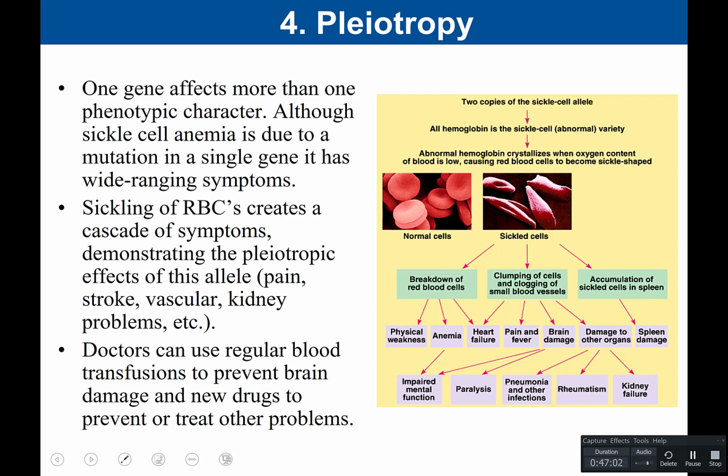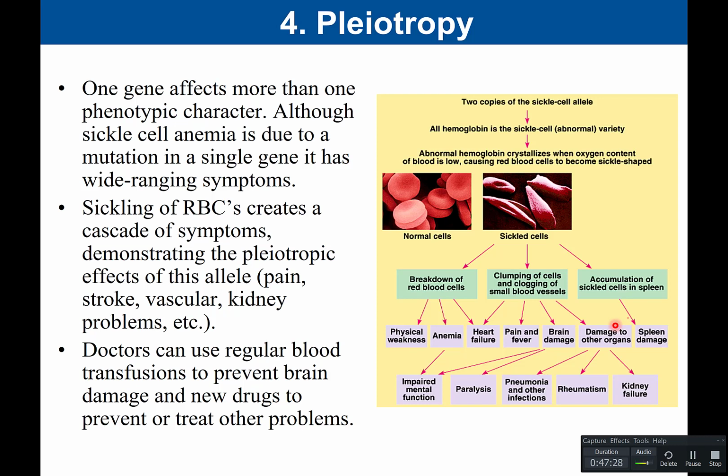Pain, stroke, vascular systems, kidney problems, brain damage, rheumatoid, pneumonia, paralysis, a whole host of different types of phenotypes that happen from this one gene being mutated. And so that's pleiotropy. One gene, multiple phenotypes.